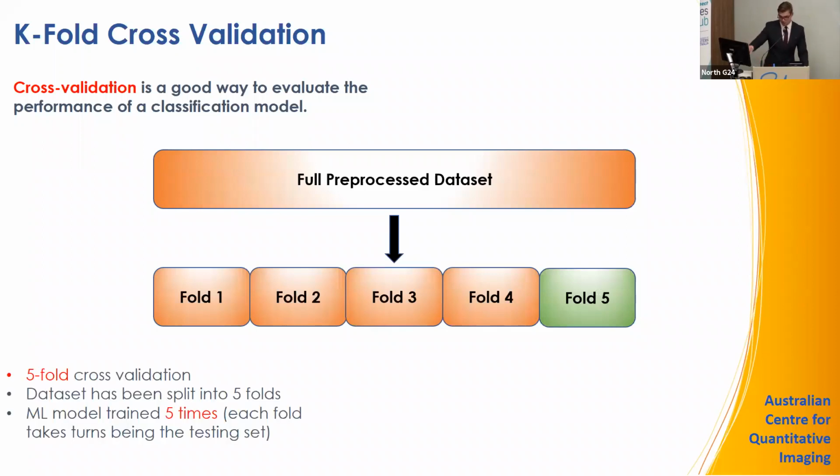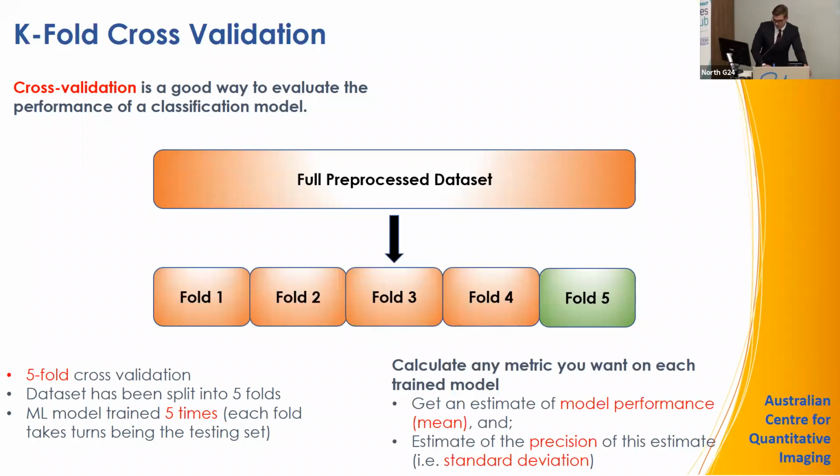Okay, so we train 5 different models, where each fold represents a testing set for each of the models. Okay, we can calculate any metric that we want on each of those 5 trained models, and then we can get an estimate of the performance of our models. So we can get the mean of those metrics, as well as the precision of our metric as well. So we can actually get a standard deviation. So this is a really common way to evaluate the performance of the machine learning model.